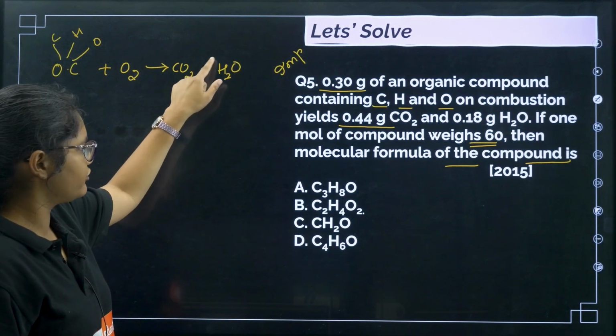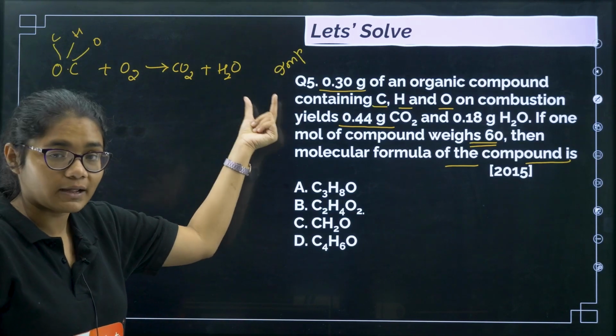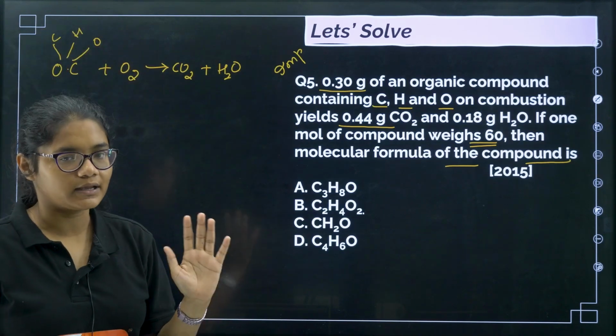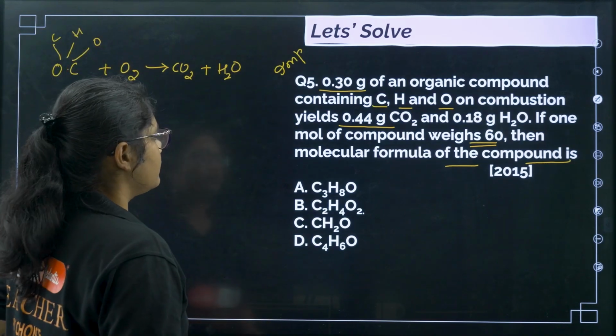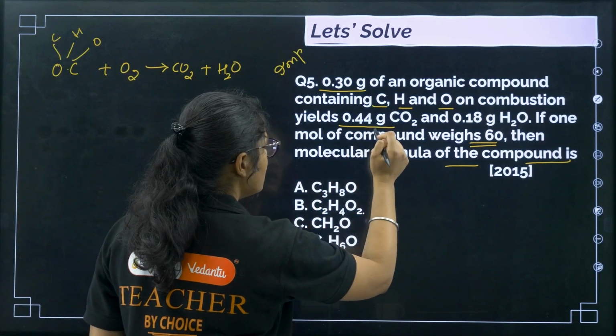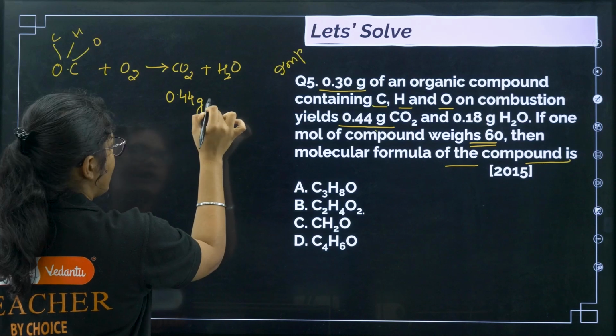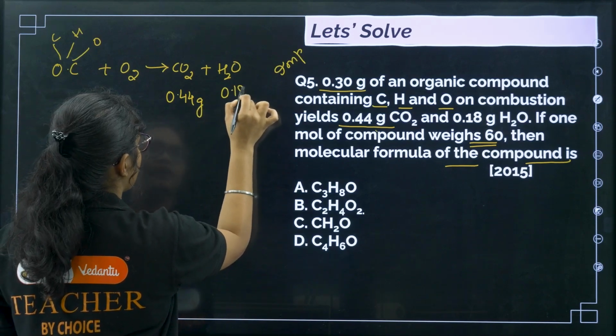Similarly, whatever amount of hydrogen is present in this water molecule, that much hydrogen must be present in this organic compound, right. So what we can do is, see, carbon dioxide is 0.44 gram and water is 0.18 gram.